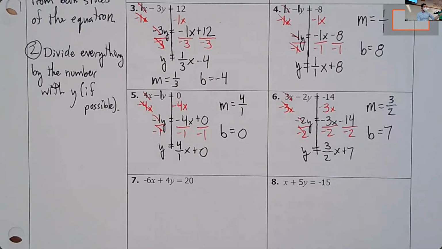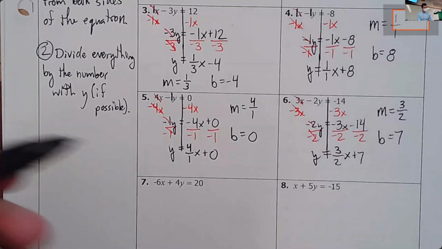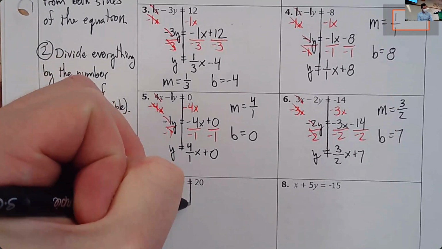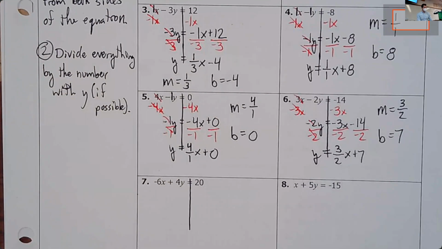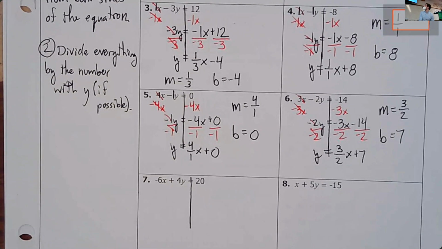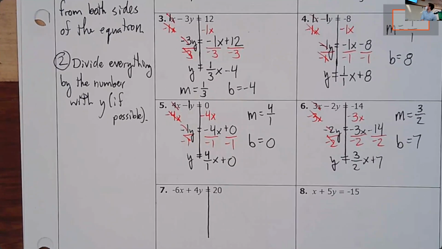Jaden, you're going to be up first on this one in terms of what to do first. So take a look at it, think about it for a second, and then tell me what you think we should do for step 1. Sorry, number 7. Okay, and what are we going to do with the 6x? Are we going to subtract it or add it?